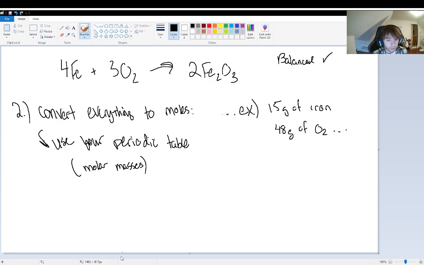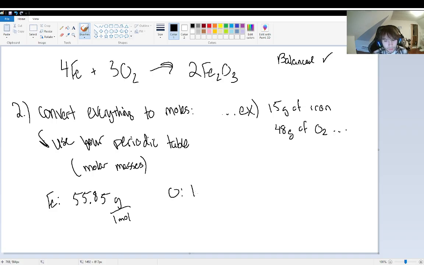So I'm going to quickly look at mine. And I find that iron's molar mass is 55.85 grams, and that's per 1 mole.